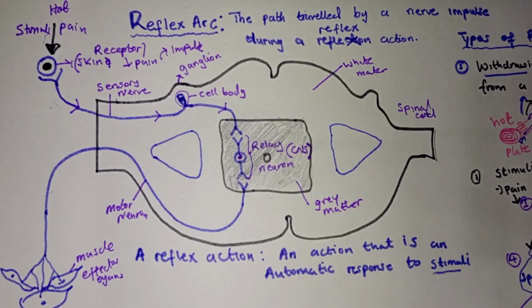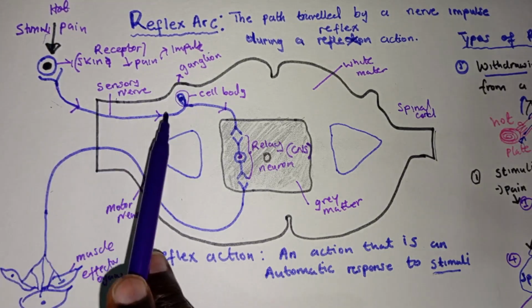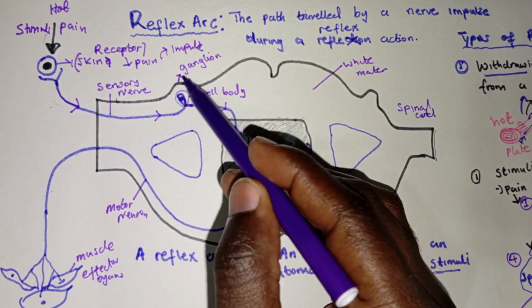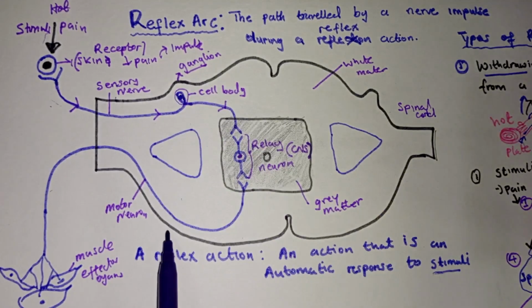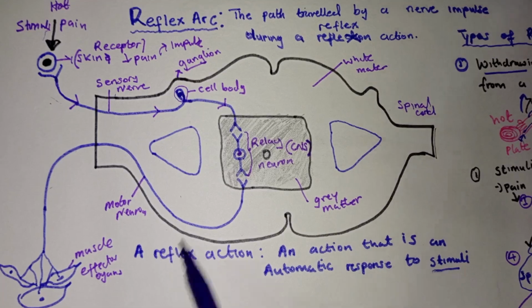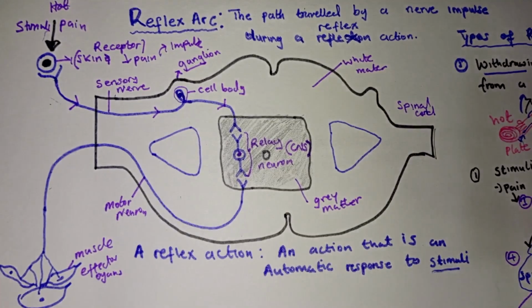So this is what is basically happening here, and you're expected to know, at least to label. You can always tell the sensory neuron where the ganglion is. Sometimes I can maybe flip it back and put it here, but you should know where the ganglion is. That is where the sensory neuron's cell body is.